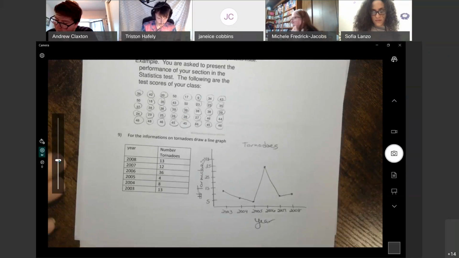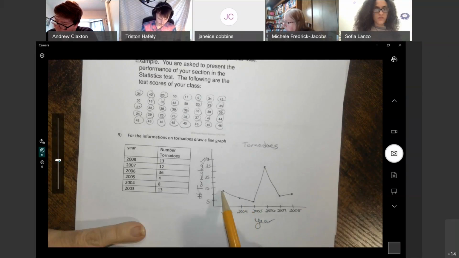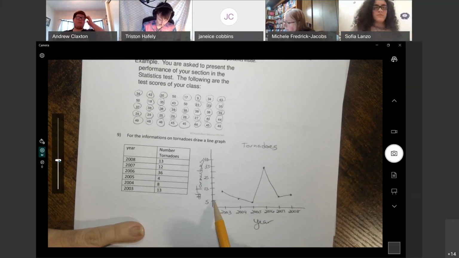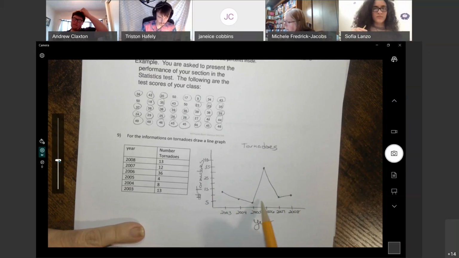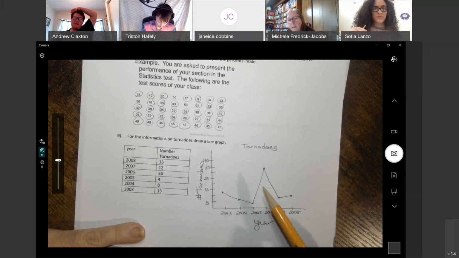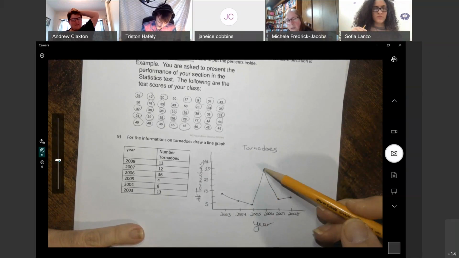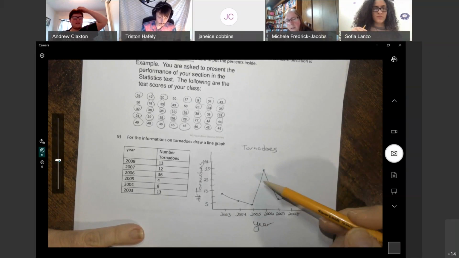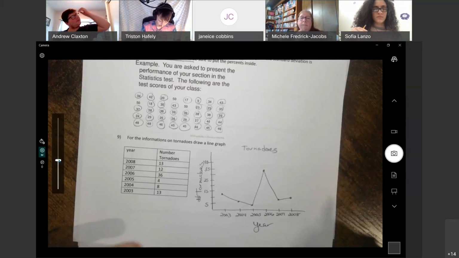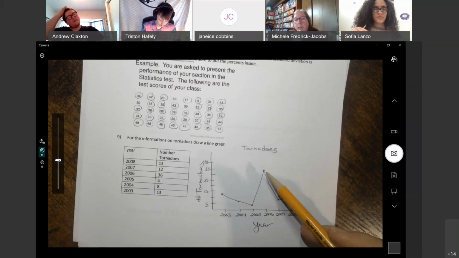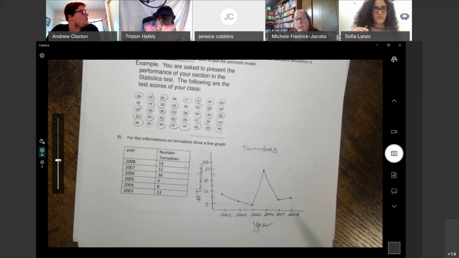I don't know where this was from, if it's one specific area or if it was Ohio. But you can tell there's usually somewhere between 5 to 13 tornadoes each year. This one year there was a huge jump in them. So by having the line graph, you can see where that spike was.